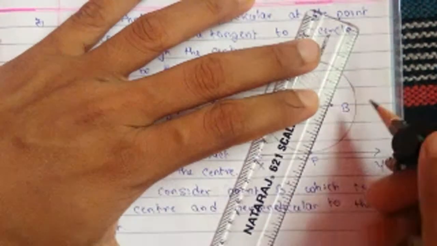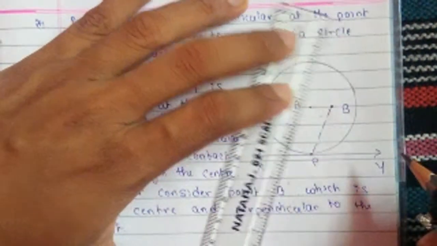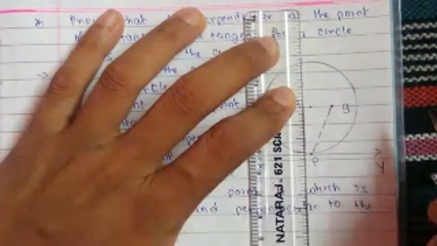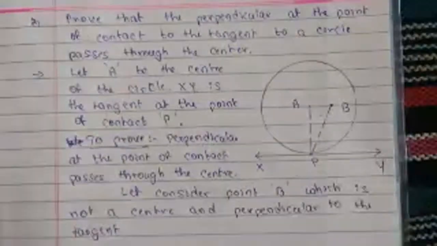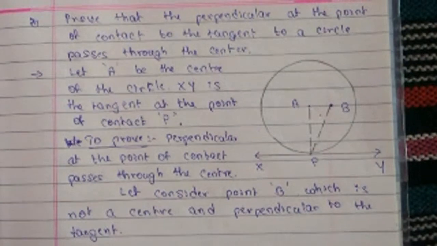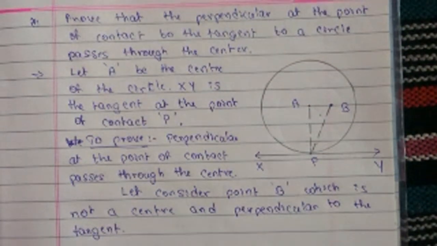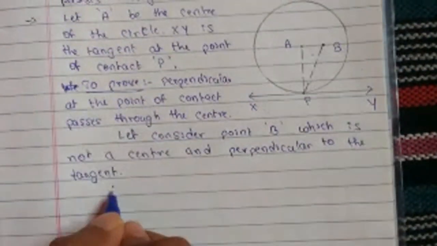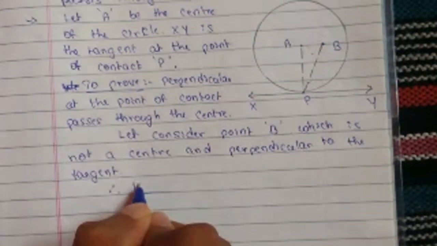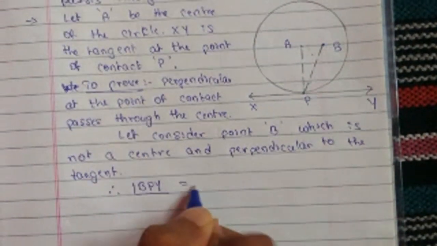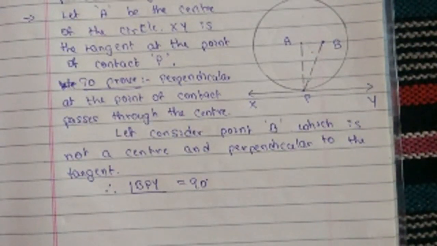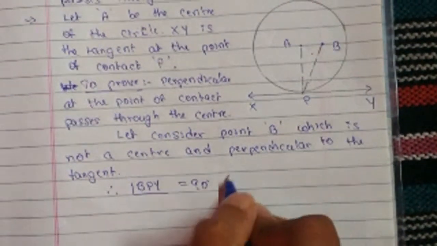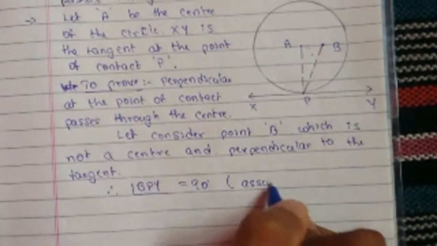For that, I will join point BP, and similarly I will join point AP. So when that is perpendicular, then angle BPY equals 90 degrees. Assumption.